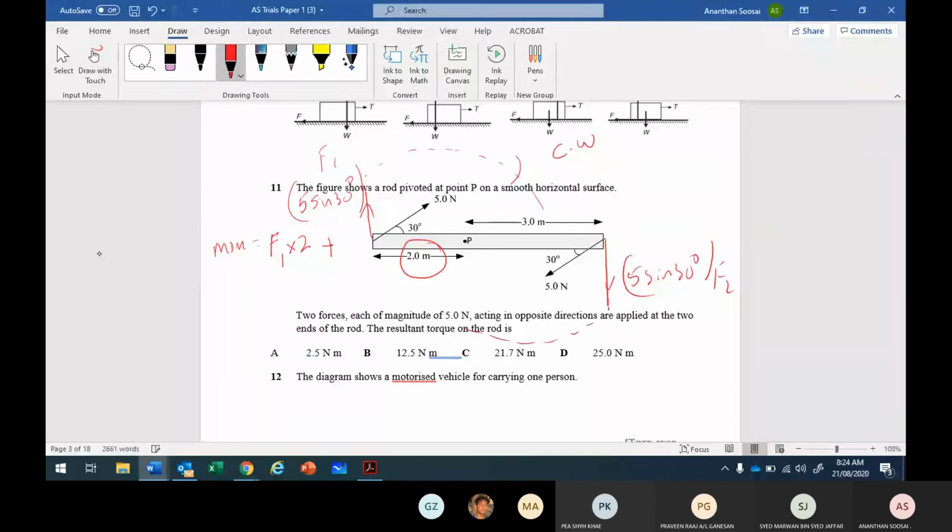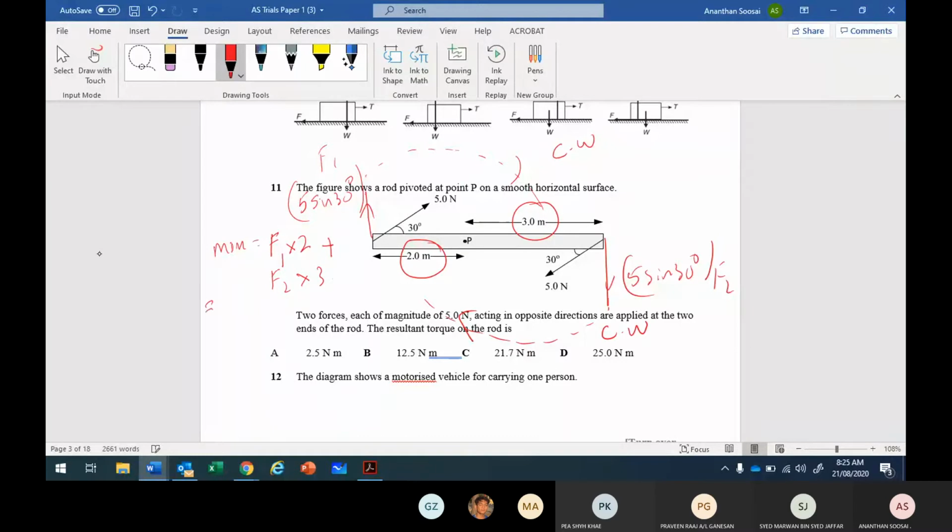And the F2 also goes like this around the pivot. This also is a clockwise moment. So both moments add up to the total moment. So F1 times 2 plus F2 times 3 meter.